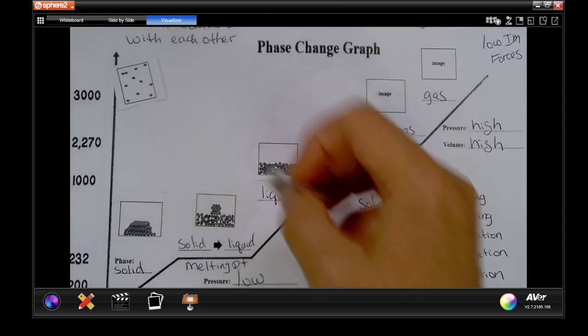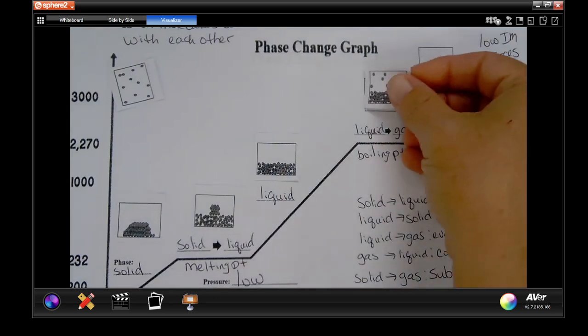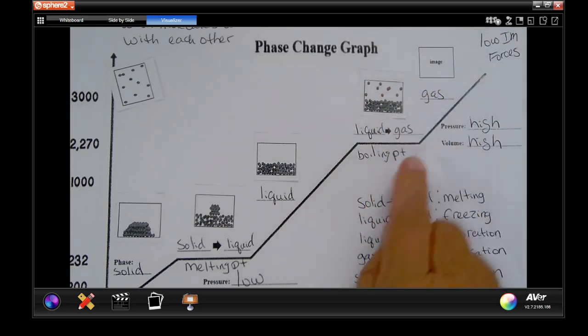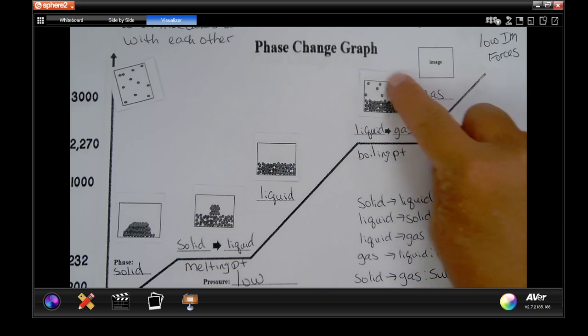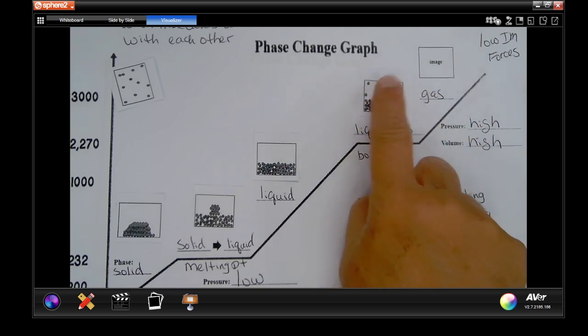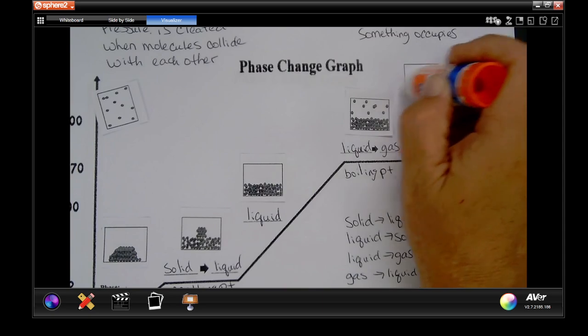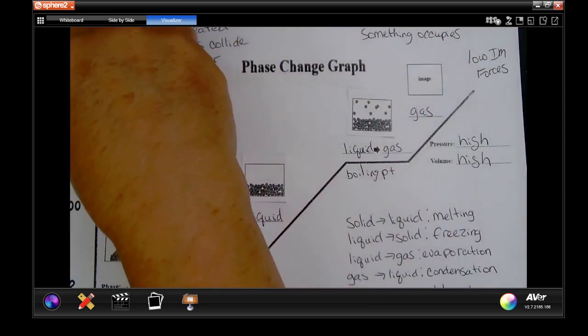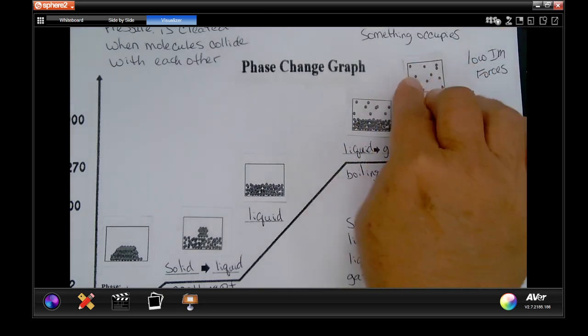So we should have some where the molecules are separated out, right? So this would represent a picture of a liquid and a gas together. Okay, notice the top is showing us that those molecules, just like my water molecules here, are splitting apart. And the last one would be all gas, which means we should have separate molecules just flying around.